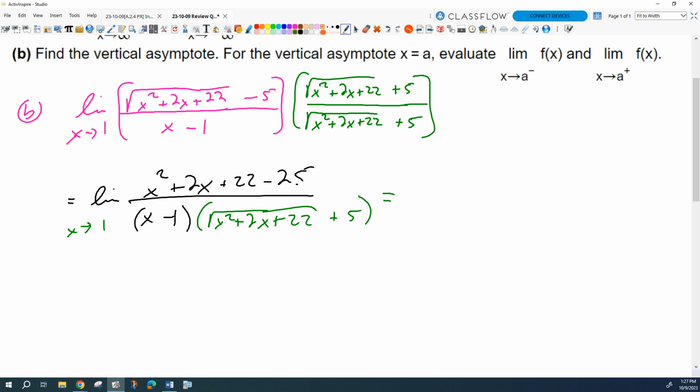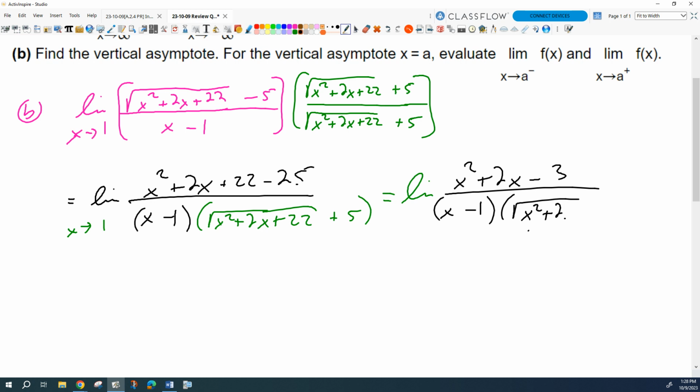If I add like terms, on the top I get x squared plus 2x minus 3, right? Over x minus 1 times square root of x squared plus 2x plus 22 plus 5.